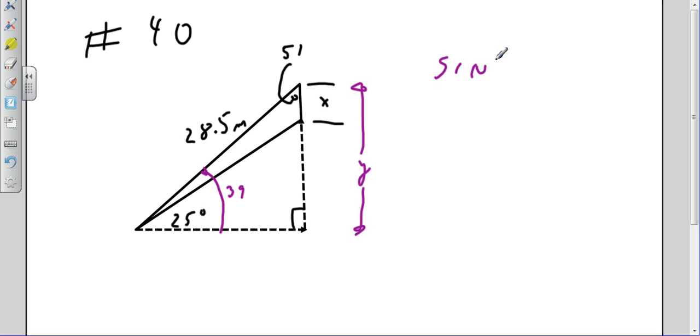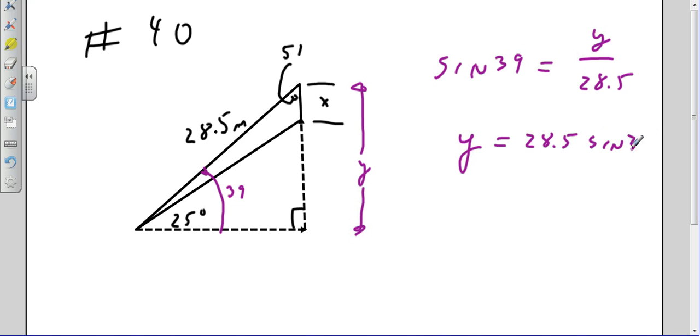The sine of 39 has to be the side opposite y divided by the hypotenuse, 28.5. So y is 28.5 sine 39, which is 17.9. So y is going to be 17.9.